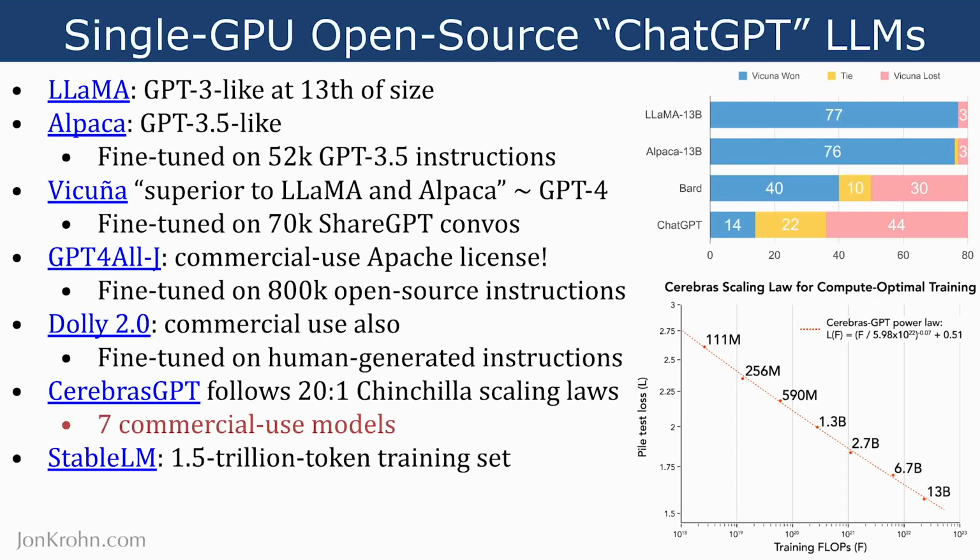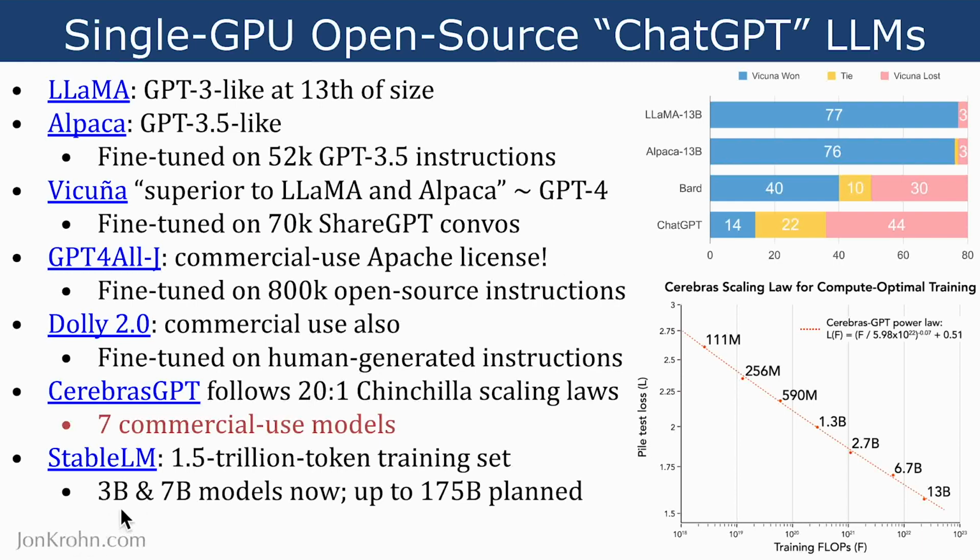And then a week after that came Stability AI with their StableLM model. We already talked about this earlier when I was showing a Hugging Face example. The big thing they did here was collate a bigger open source data set than we'd seen before. It has 1.5 trillion tokens, which means that if you want to spend the compute on it, you could use this huge, vast data set to train for even longer than the Cerebras folks did.